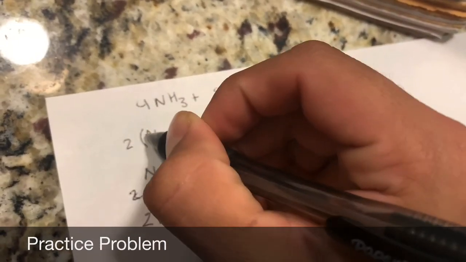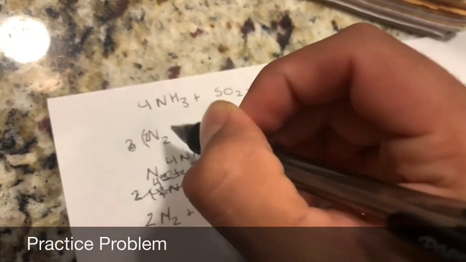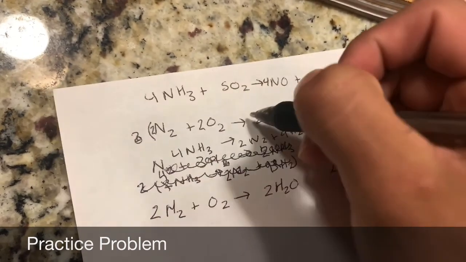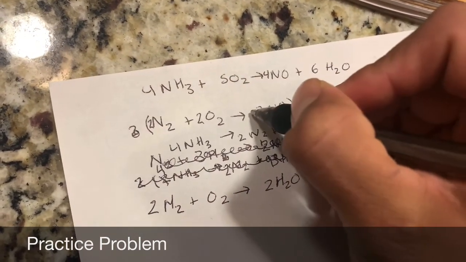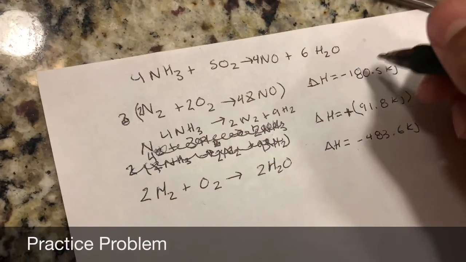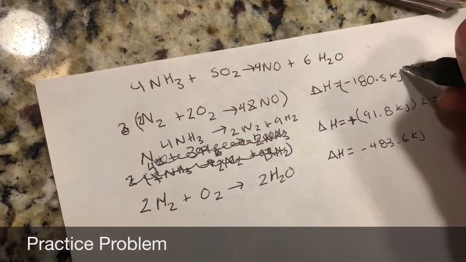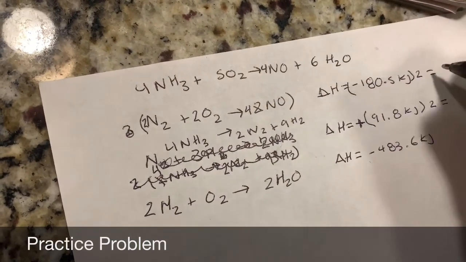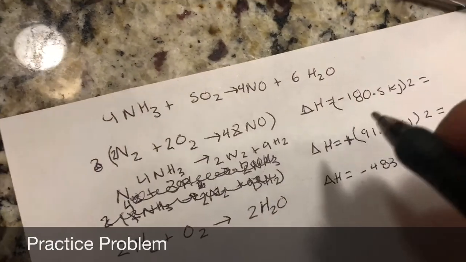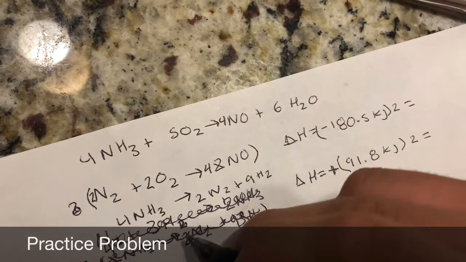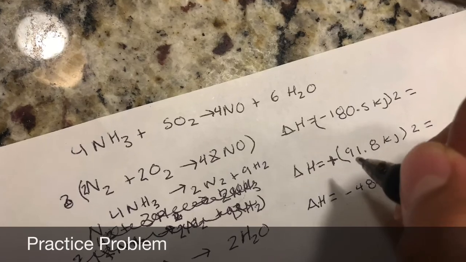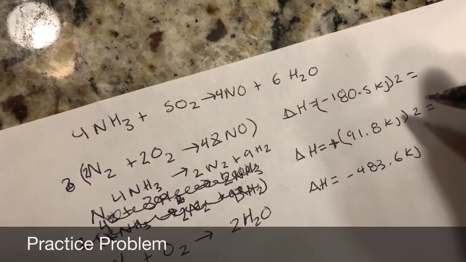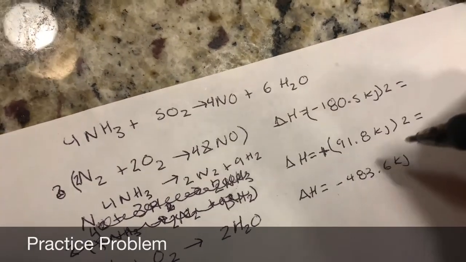So we're going to do it by 2. This turns into 2. The O2 turns into 2. And this right here will turn into 4. And then the delta H would also be affected because it'll need to be multiplied by 2 as well with the negative. You don't need to change the sign because you didn't flip it. We flipped it here, so we needed to change the sign. And we also multiplied it by 2, so we have to also multiply it by 2, but a positive.